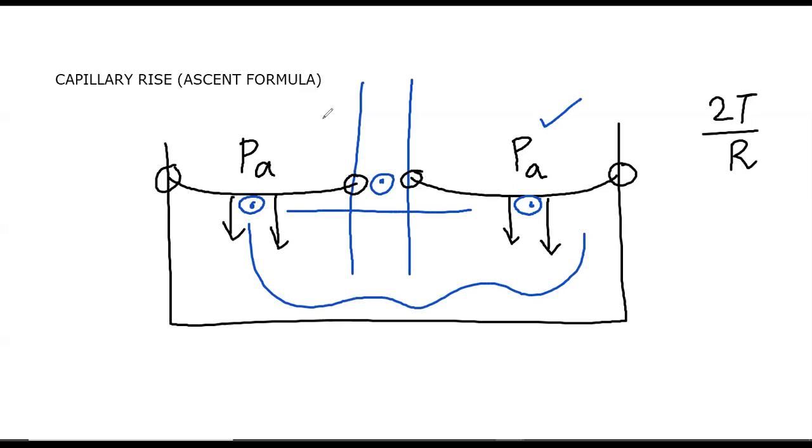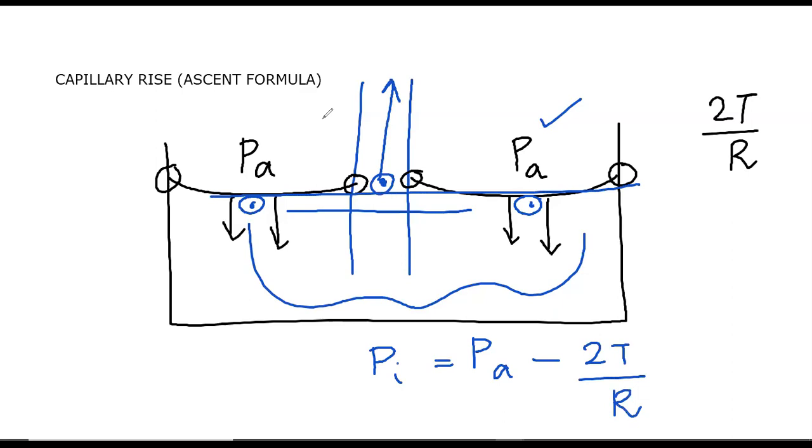And we are talking about liquids in equilibrium. So in order that the liquid surface stays in equilibrium, to balance the reduction in pressure due to the concave and convex surface of the meniscus, the liquid surface will move up, so that this point within the liquid is at the same pressure as PA, because PI is going to be PA minus 2T by R. The pressure within the liquid is less by 2T by R than the pressure outside the liquid surface.